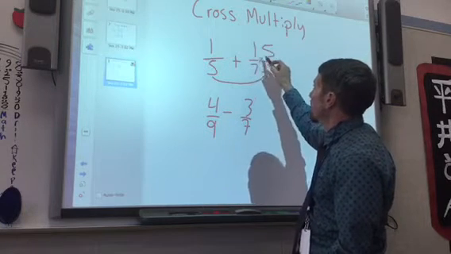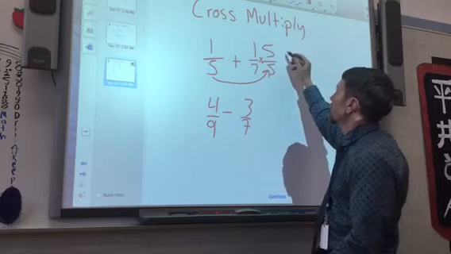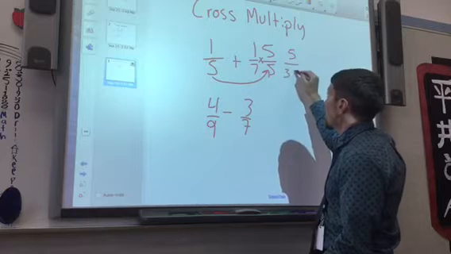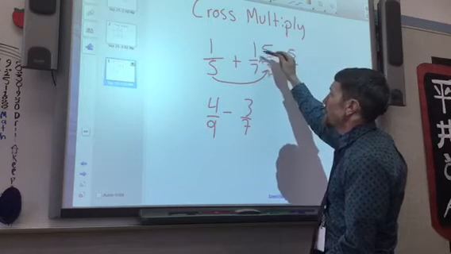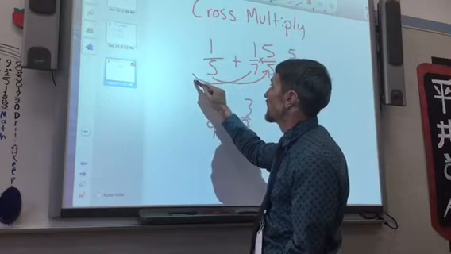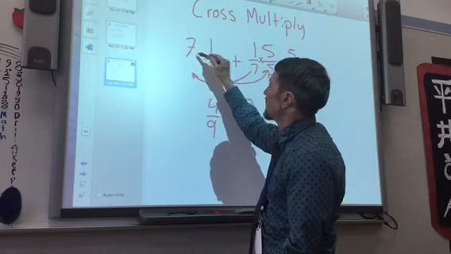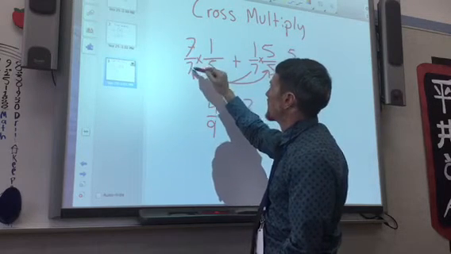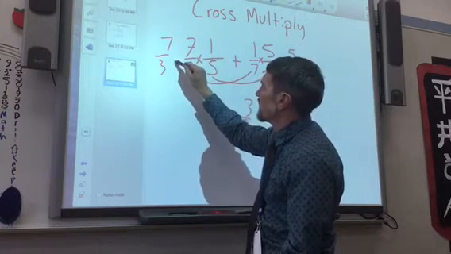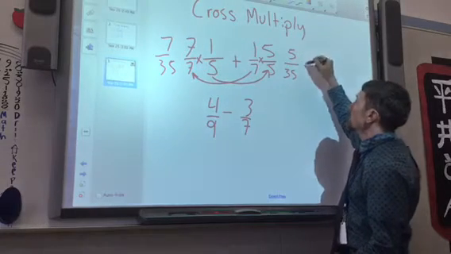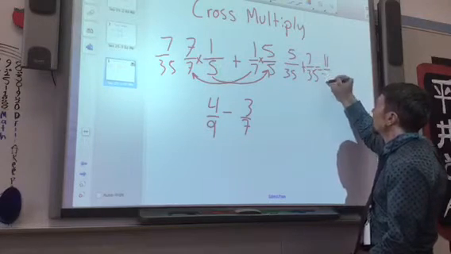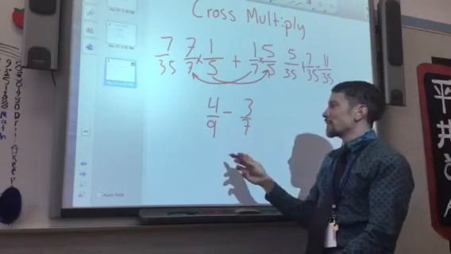I'm going to multiply 1/7 times 5 over 5. 1 times 5 is 5. 5 times 7 is 35. Notice anything I do to the top, I have to do to the bottom, and vice versa. So over here, I'm going to bring the 7. 1 times 7 is 7. 5 times 7 is 35. So I have 5/35 plus 7/35 equals 12/35.